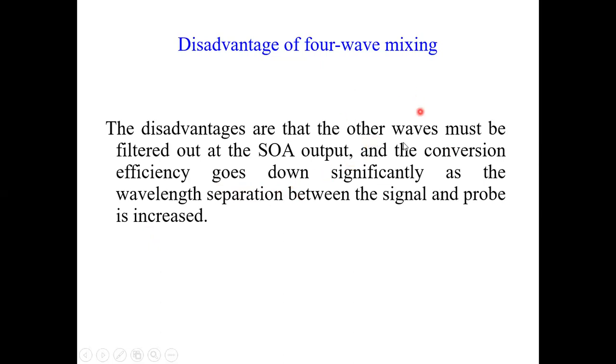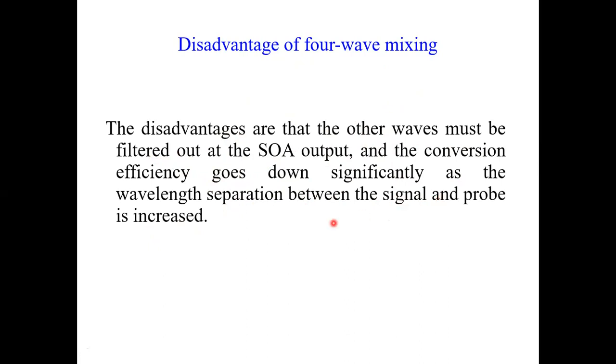So you can read it out. If an MCQ comes, asking what is the disadvantage of four-wave mixing, you can cite these two things: there is a filtration problem, and the conversion efficiency goes down if the wavelength separation between your fs and fp is more.